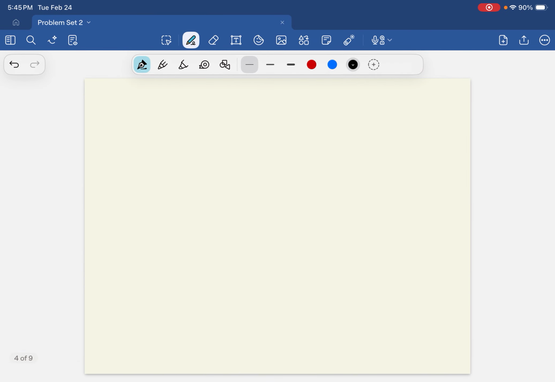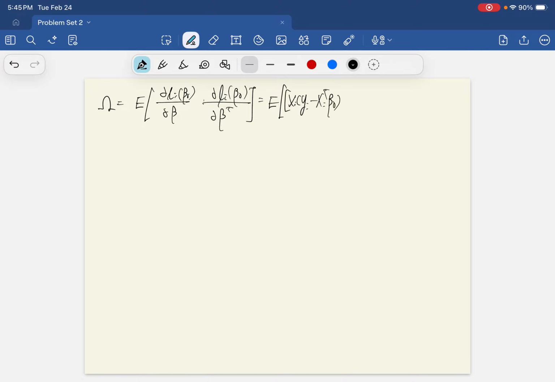So that's the second thing. And omega is the expected value of the first derivative at beta 0 times its transpose. There are two minuses, so they will cancel out. The first part is xi times (yi minus xi transpose beta 0). This is the first guy.